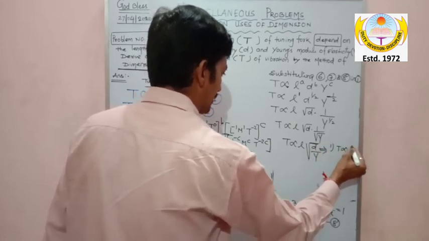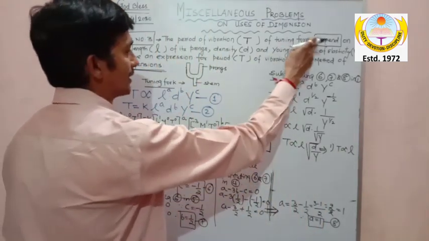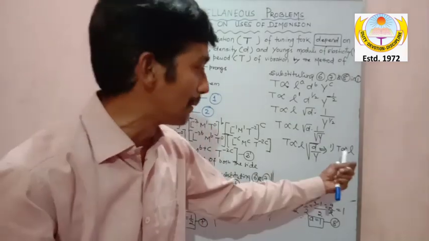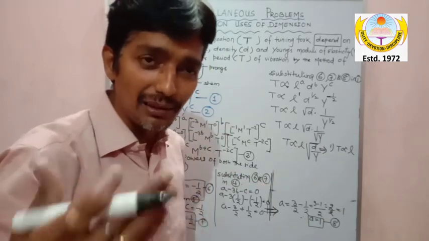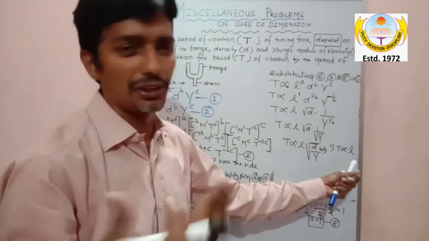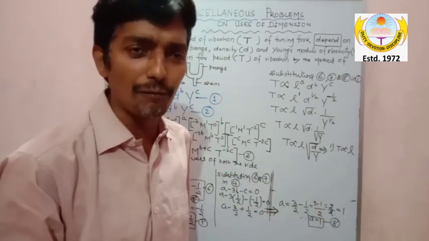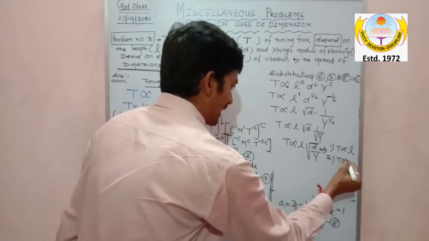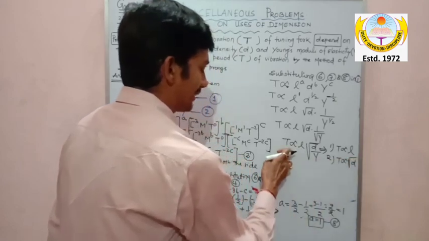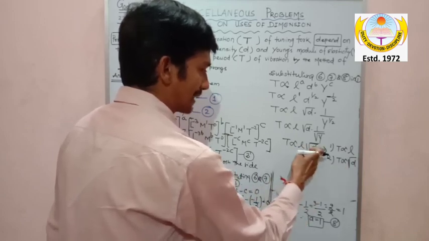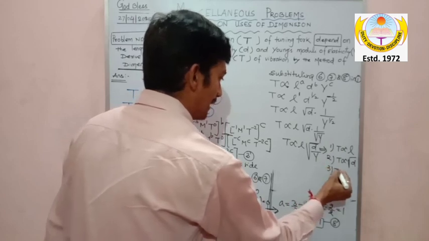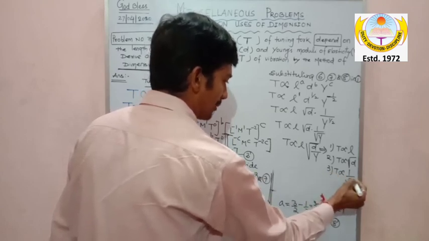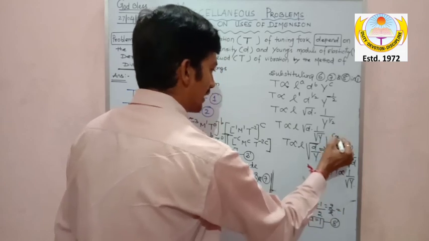First, T is directly proportional to length of the prong. Sometimes we are asked, if the length increases, what will happen to the time period? Sir, it will also increase because it is directly proportional. Another question can be, if the length of the prong increases, what happens to the time period of vibration? It will increase. Second, time period is directly proportional to the square root of density. Third, time period is inversely proportional to Young's modulus. I hope, my dear, this is the conclusion.